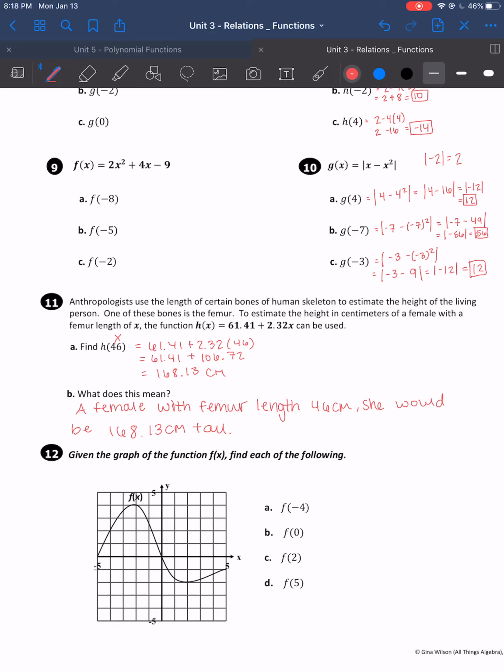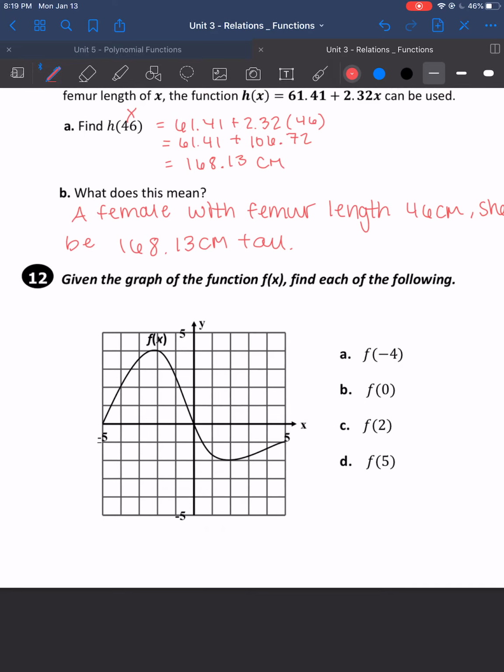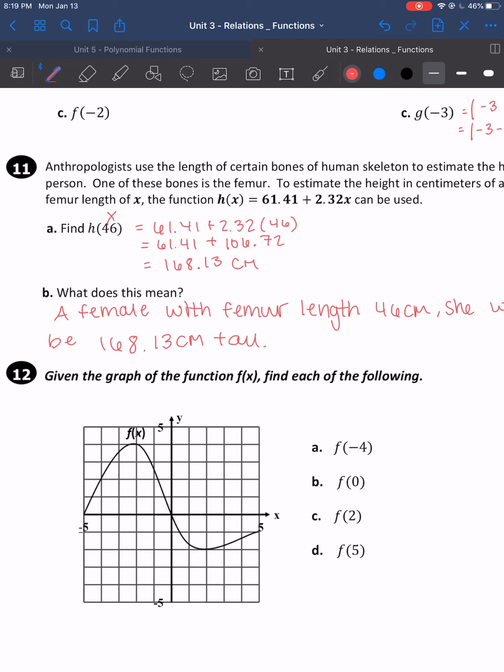All right, so we have number 12. We have this graph, and it's this function f of x. So we want to find the following. Remember, these mean f of x. So we're going to look at the x coordinate of all of these, and we're going to come out with a y value of some sort. And that's what we were doing above. We were finding a y value.